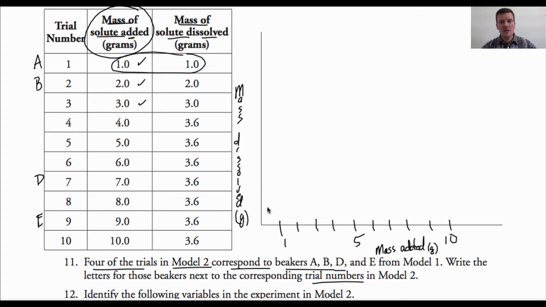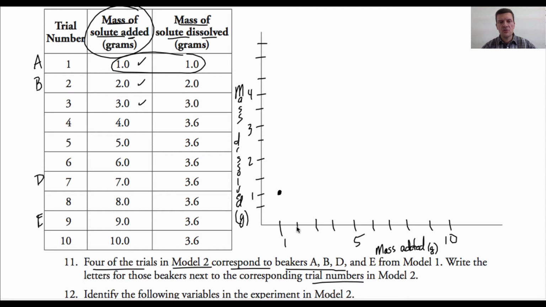When I put in 1, well, I'm going to expand this a little bit here, spread this out. I'm going to count here: 1, 2, 3, and 4. Okay, so when I added 1, 1 was dissolved. I'm going to put a point right there.